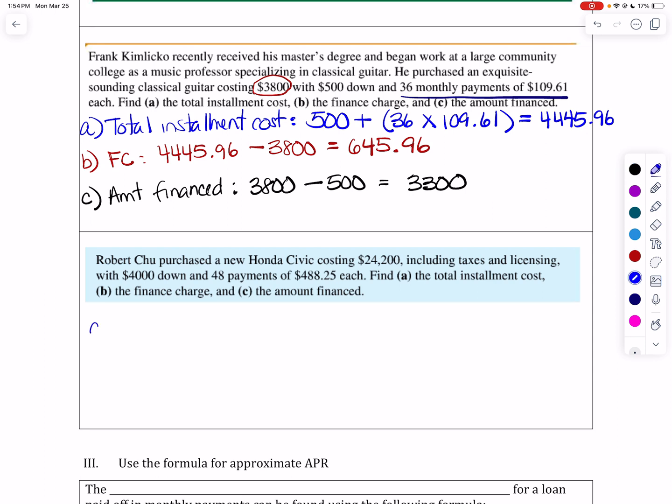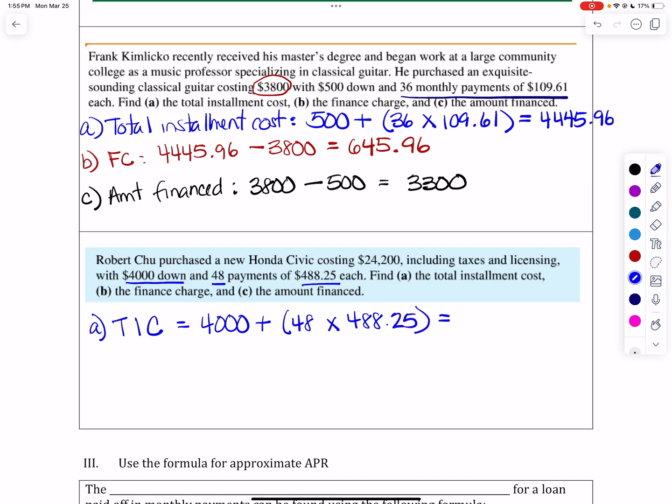So we're going to do the same thing for this next problem. We're going to start off with A, the total installment cost. So we have the down payment, $4,000, plus 48 payments of $488.25. And that comes out to be $27,436. Part B, the finance charge.